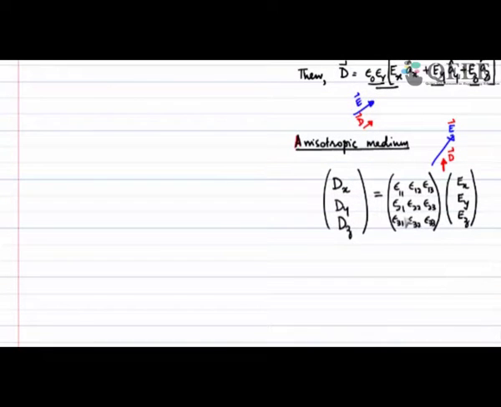This is, in general, the epsilon matrix of an anisotropic material.